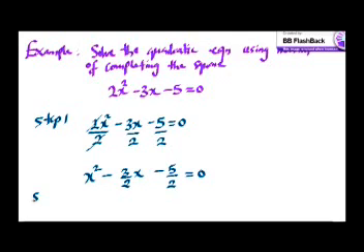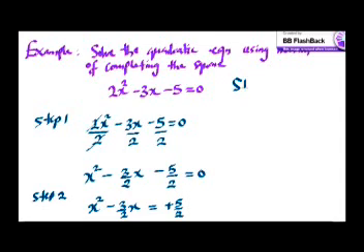Then I'll go to step 2, to equate the variables to the constants. So this becomes x² minus 3 over 2 x is equal to plus 5 over 2. So this is my new equation.